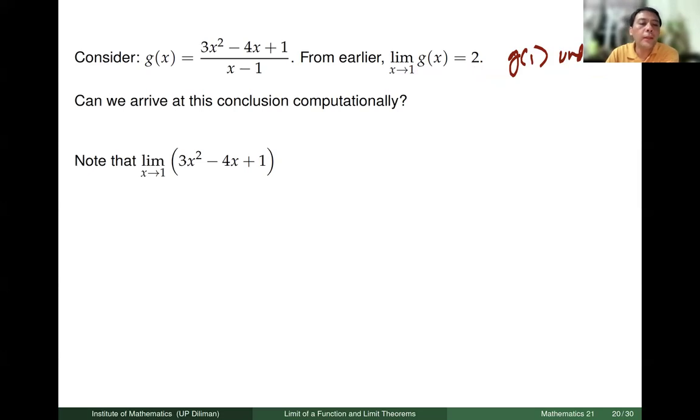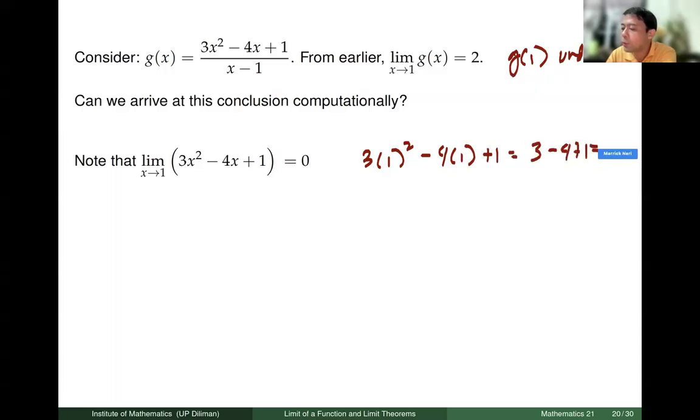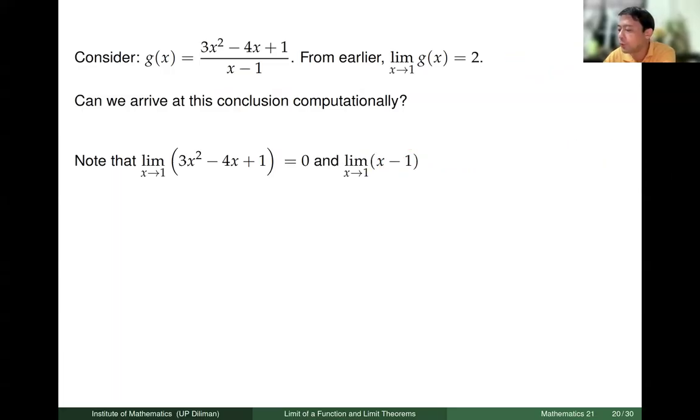So take note that the limit of the numerator is 0 because when you replace the x by 1, you get 3 times 1 minus 4 times 1 plus 1, and this is equal to 3 minus 4 plus 1 equals 0. The denominator will also be 0. Okay, so 1 minus 1 is 0.